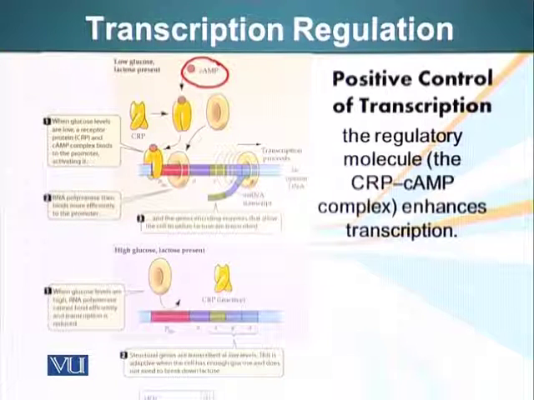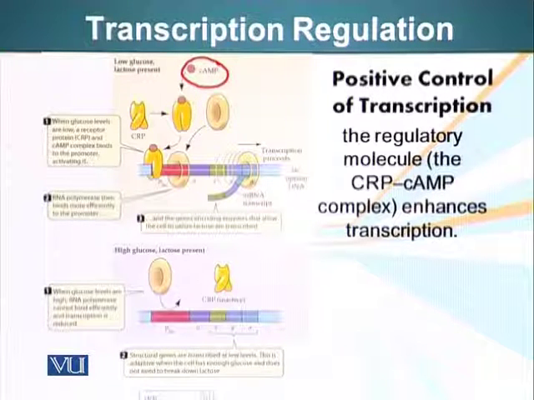Let's look at that. When cyclic AMP is present, with low glucose concentration and lactose in the system, so the repressor cannot bind the operator, cyclic AMP binds a protein called CRP, which stands for cyclic AMP receptor protein.